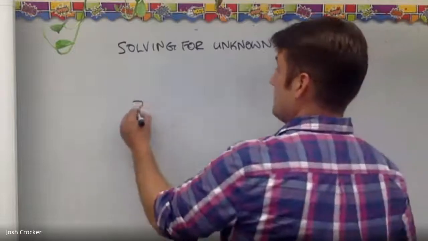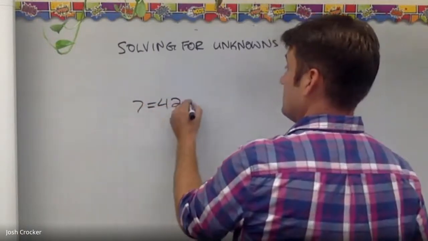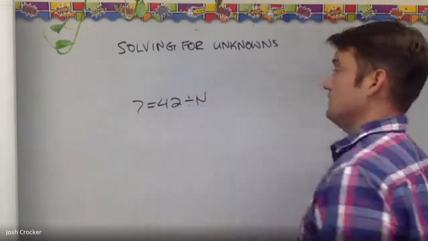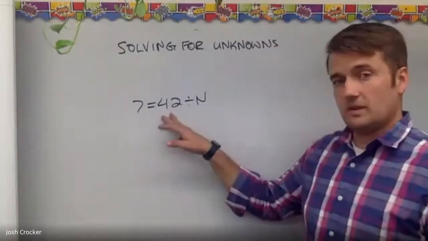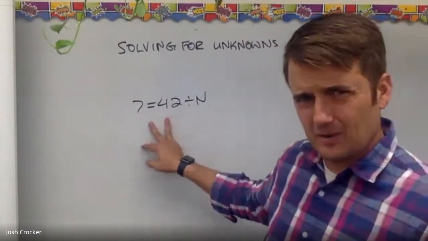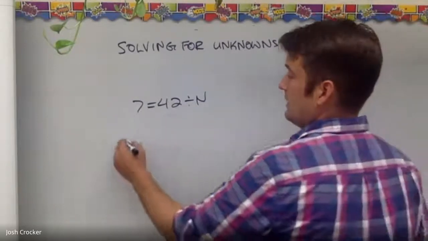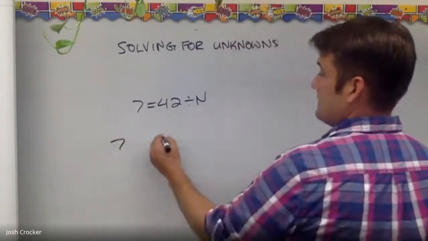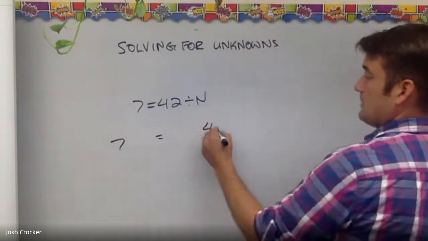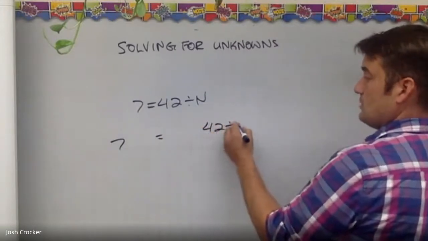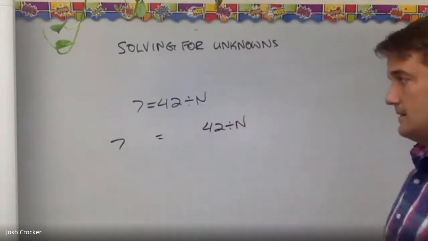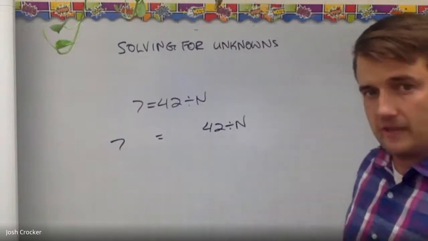Sometimes they will look like this. Okay, this looks a little bit funny that it starts with 7 and 42, but we really just need to think of them as separate things. 42 divided by n. So this is a division fact.